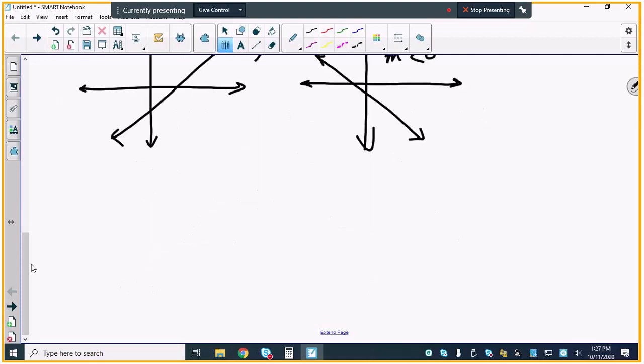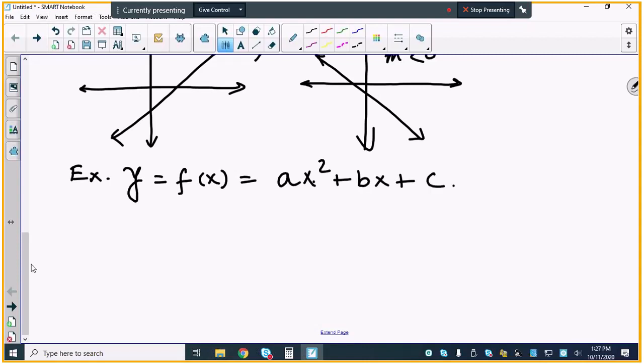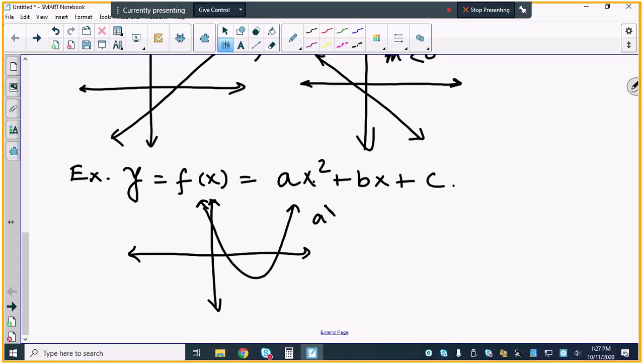The other function we have learned is also a polynomial function: y equals f(x) equals, in the general format, ax squared plus bx plus c. We know that this is going to be a parabola, depending on whether a is positive or negative. The pictures might look like this, and the vertex of course depends on the constants a, b, c. This is a polynomial function if a is greater than 0.